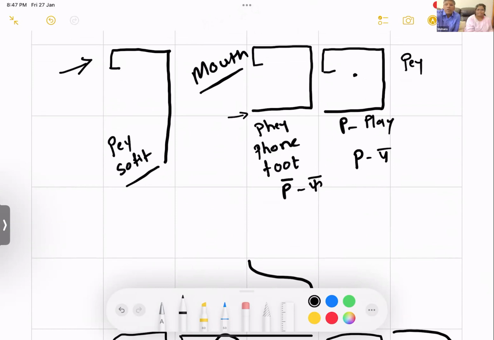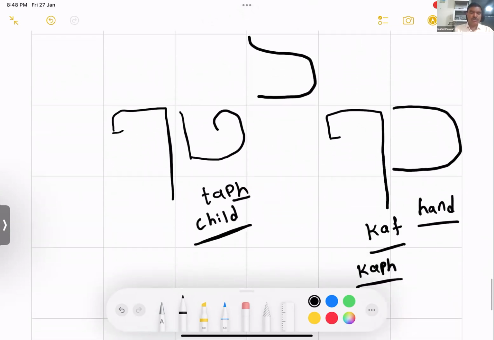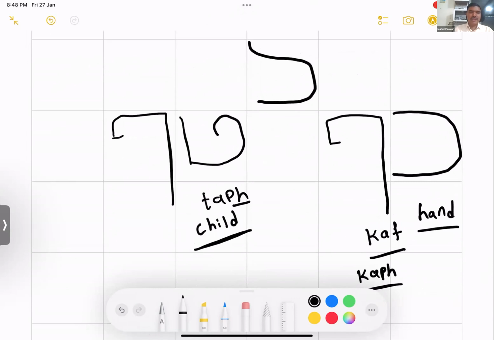Don't get confused. When this comes at the end of the word, for example, that's why I've given you two examples. When that Pe comes at the end of the word, this Kaf is nothing but the hand, the palm of the hand as we say. So it ends with Pe Sofit, and this actually gives a PH or F sound.